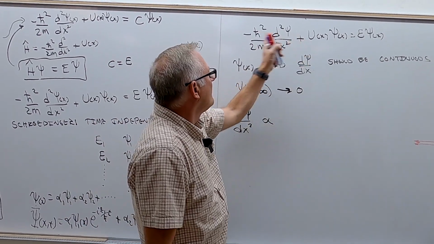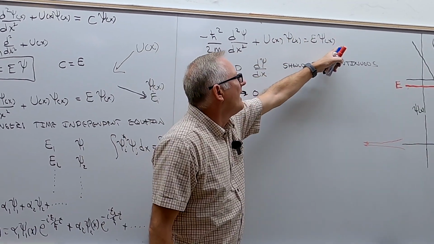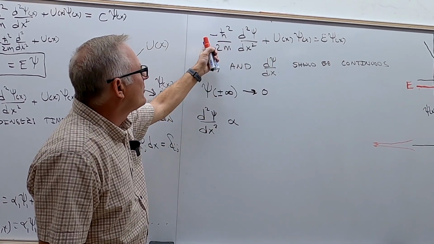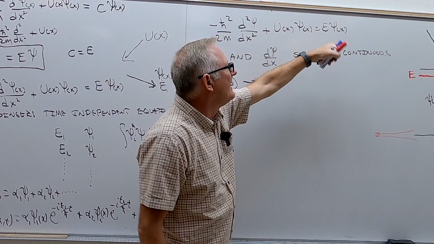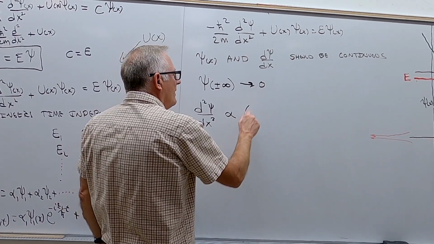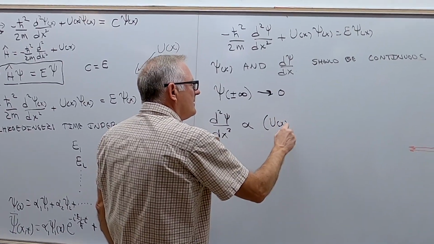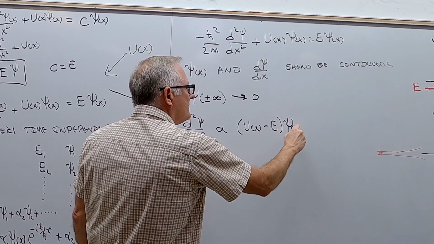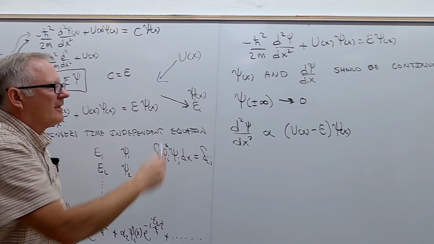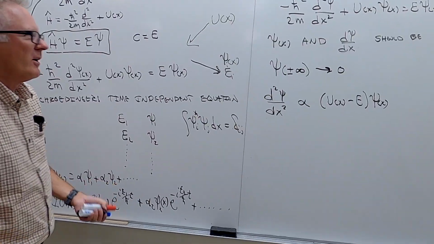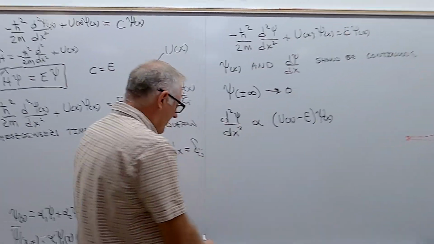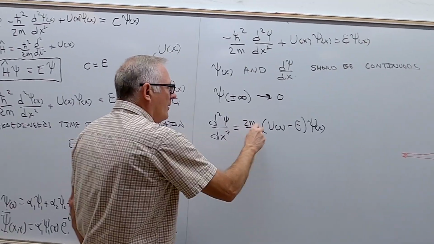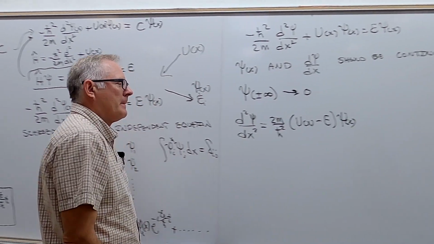If I throw the U on that side, it'd be E minus U, but if I threw the minus over there, it'd be U minus E. So we would have U of x minus E times psi of x, equal to 2m over h bar squared. Maybe I'll just put it back in, forget the proportionality. This is just 2m over h bar squared.